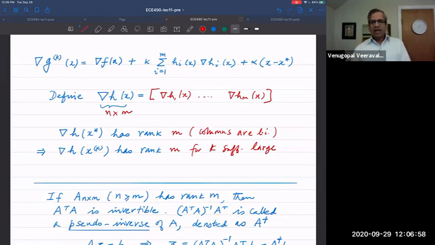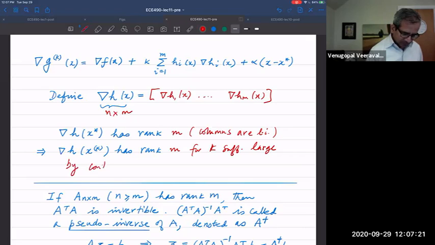Because xk is approaching x star, the gradient of h at xk will approach the gradient at x star, and I can make it as close as I want by making k sufficiently large. So this holds by the continuity of the gradients. So these gradients of the hi at xk will also be linearly independent.